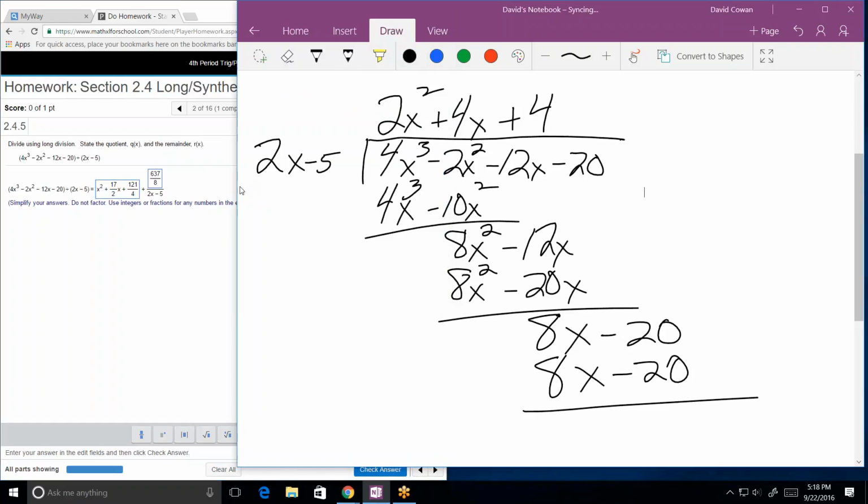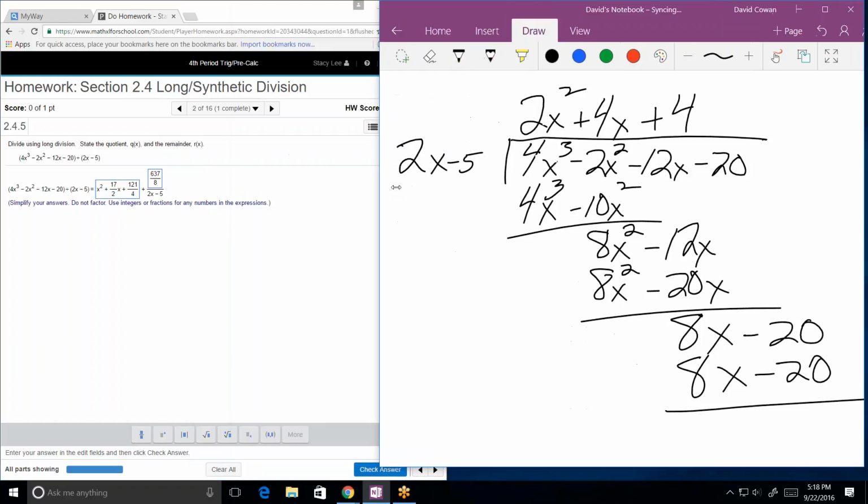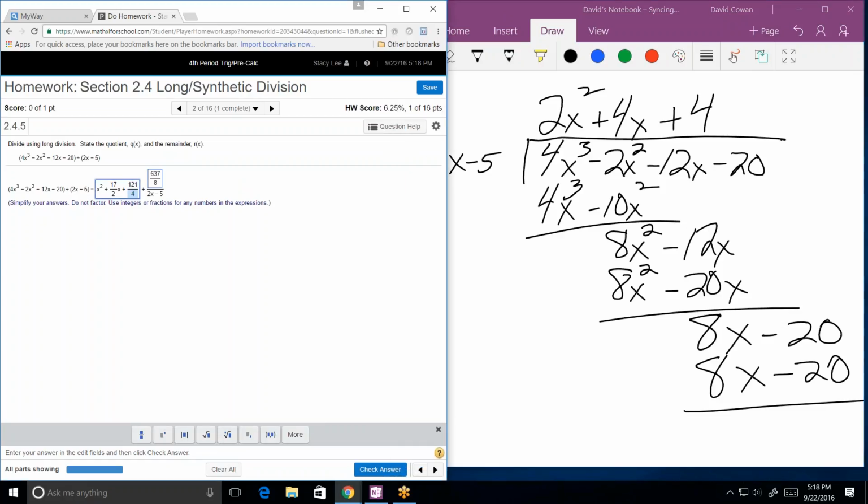Hold on a minute. Tighten this up so I can read it. Wow. I guess I can just backspace my way back to here, huh? Okay. 2x squared plus 4x plus 4 with 0.